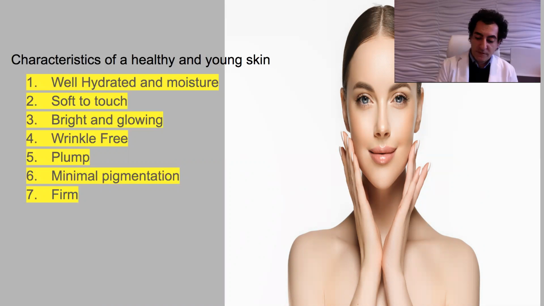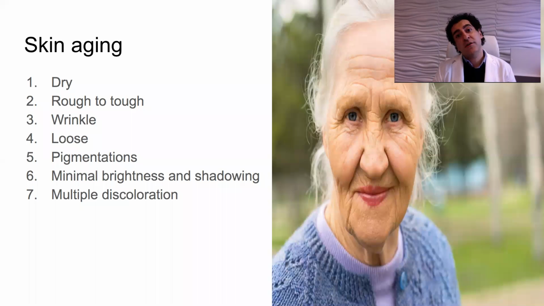Definitely, on the other side, what are the characteristics of the aging of the skin? An aged skin, as you can see in this nice lady, is dry, you see a lot of wrinkles, the skin is not plump anymore, it looks very thin, and it's loose, it's not firm. It seems that the patient has lost a lot of fat tissue under the skin, so again, it's not plump.